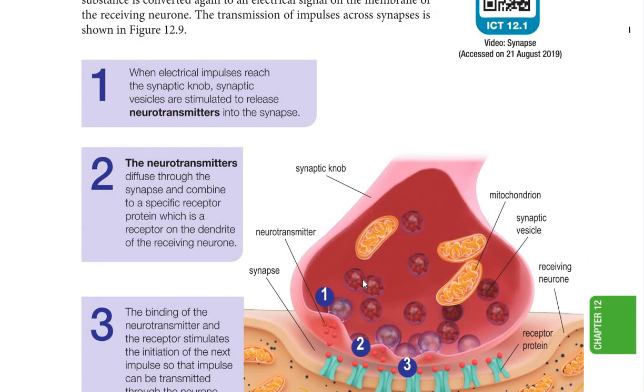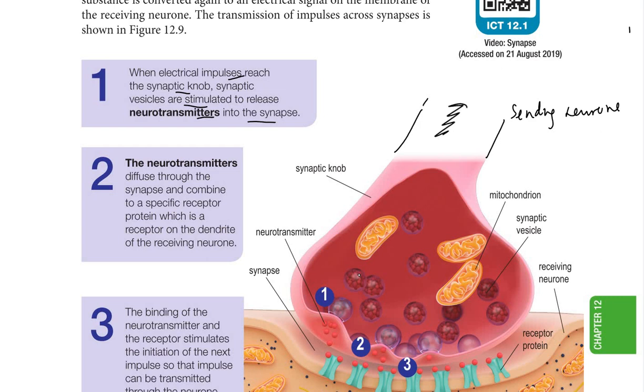When an electrical impulse reaches the synaptic knob, synaptic vesicles are stimulated to release neurotransmitter into the synapse. This is the sending neuron. The impulse flows through the dendrite, then the cell body, and then into the axon. It reaches the axon, then the synaptic knob.